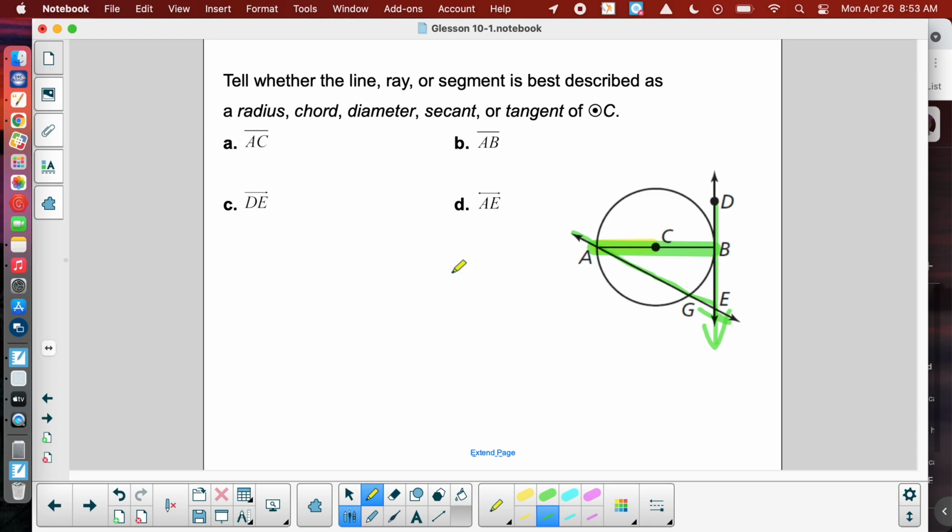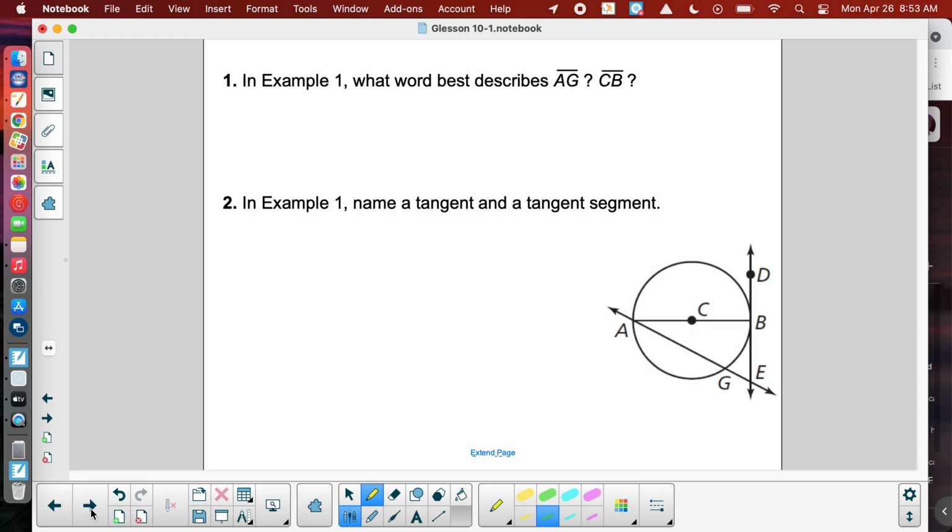So again, just being able to identify those points, knowing the different names. The word secant is probably new to you, but not too tough. And the reason secant is important, by the way, is that it will come up later in the chapter where we're going to talk about secant lines and how they intersect. So that is something we are going to see in the future. Again, just identifying parts, a little more practice with this.